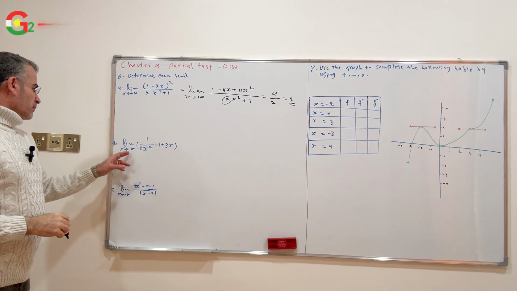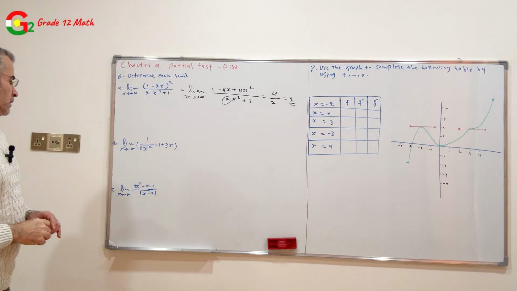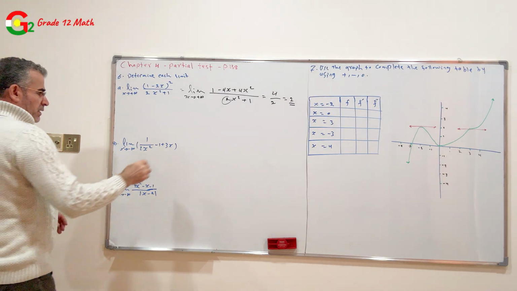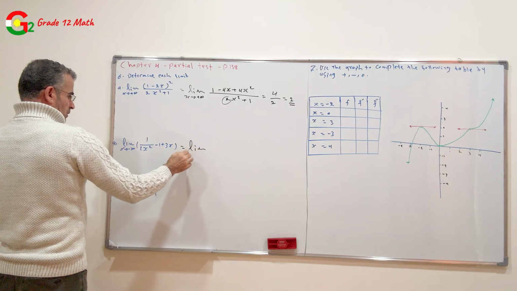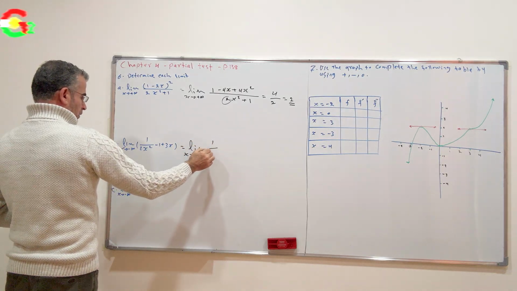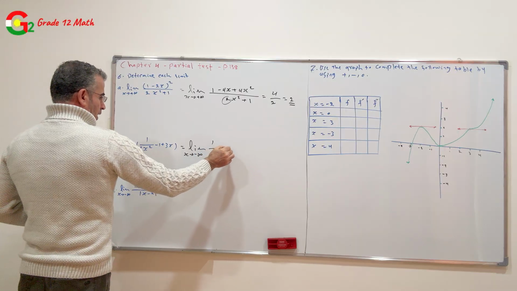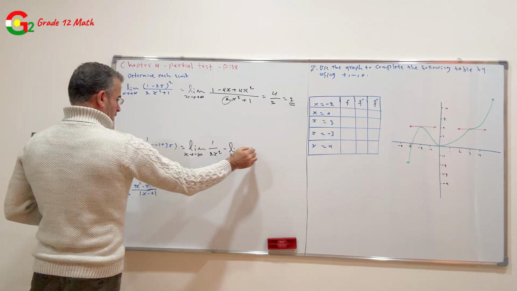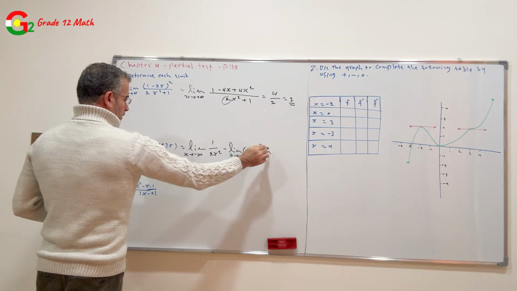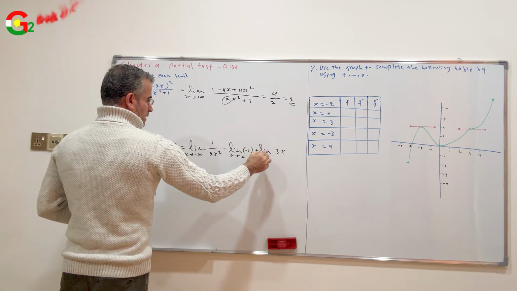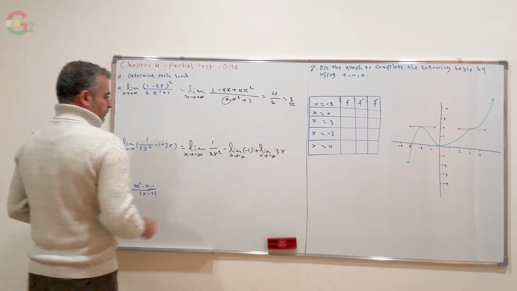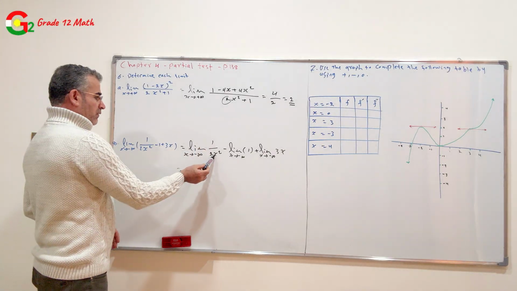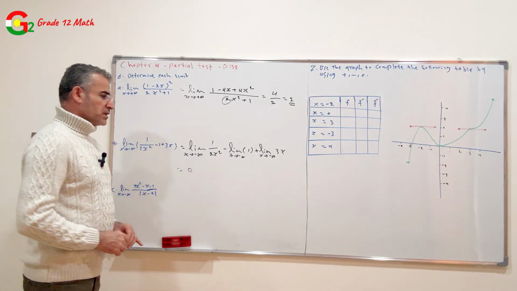Part B, limit as x approaches negative infinity of 1 over 2x^2 - 1 + 3x, which equals the limit of 1 over 2x^2, minus the limit of 1, plus the limit of 3x, as x approaches negative infinity. For the first term, the degree of the numerator is less than the degree of the denominator, so the result is 0.